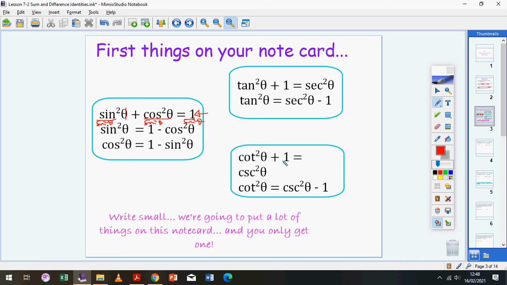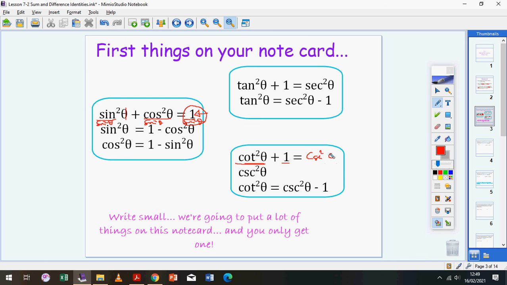And cosine squared divided by sine squared gives me cotangent squared. And on this side, 1 divided by sine squared would give me cosecant squared theta.